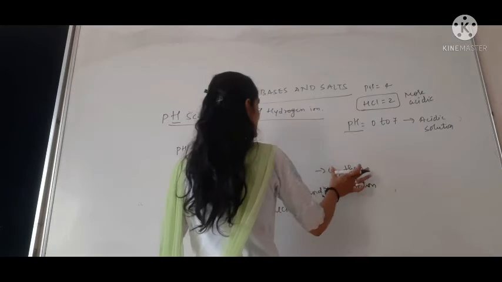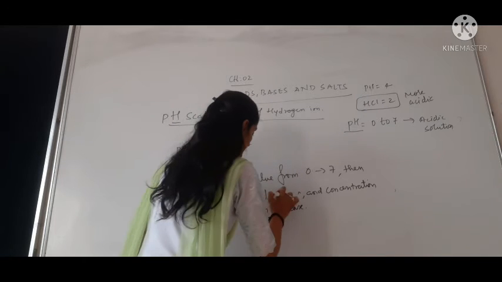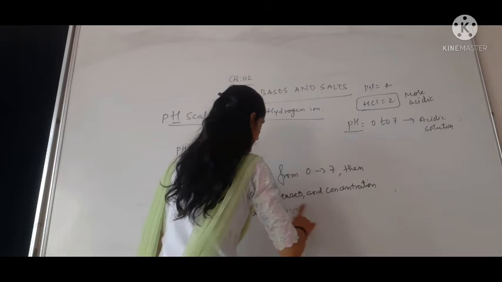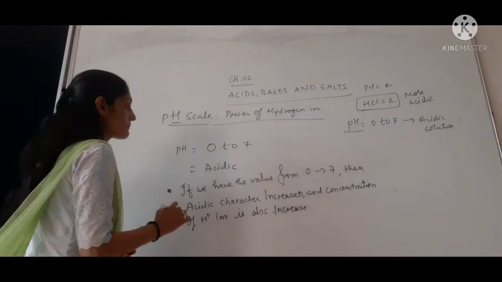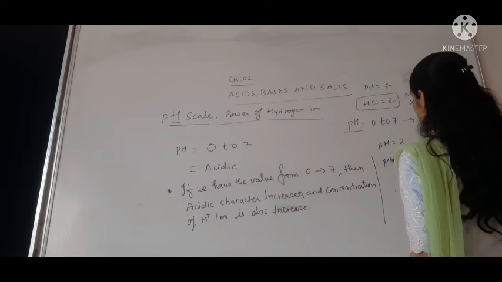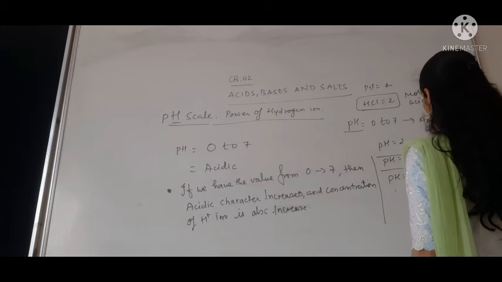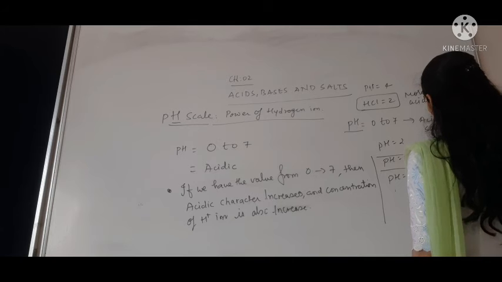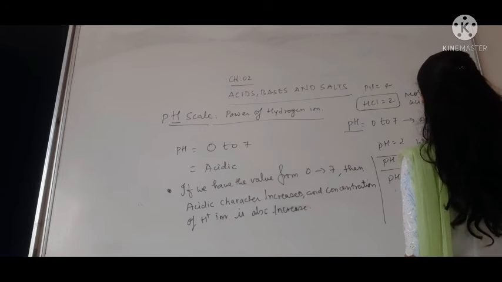But if we are moving from 0 to 7 children, then we can say that acidic character increases and concentration of H plus ion is also increased. So if I am having pH value, if I write here pH is equal to 2, pH is equal to 1, pH is equal to 7, so among these, this is neutral solution, this is strong acid, this is weak acid compared to this pH value.